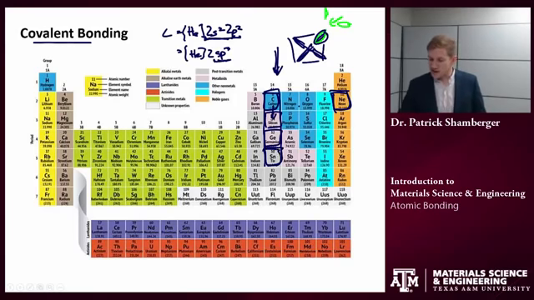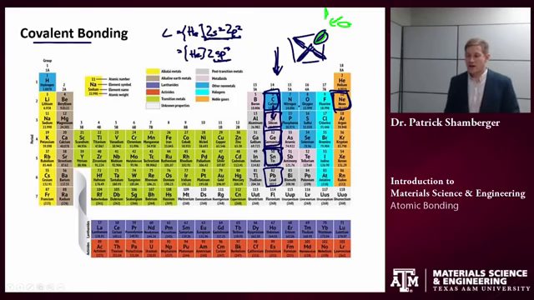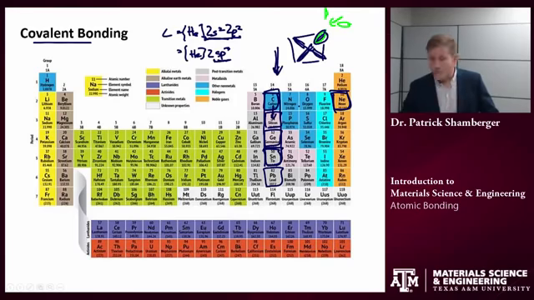So by the time I get to something like tin or something like lead, it behaves much more like a metallic bond. So I could see that if I look at the melting points of the different solids as I go down. Carbon has a melting point of 3,500. Silicon has a melting point of 1,400. Germanium 940.